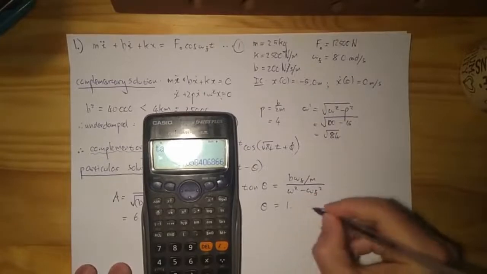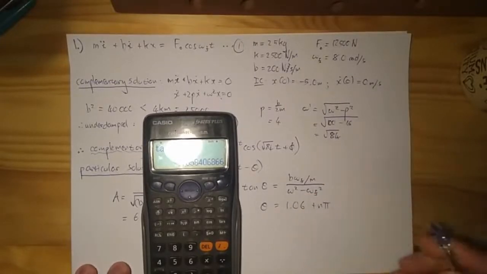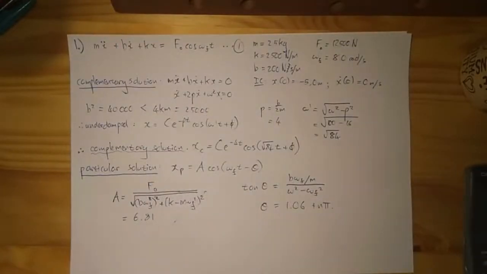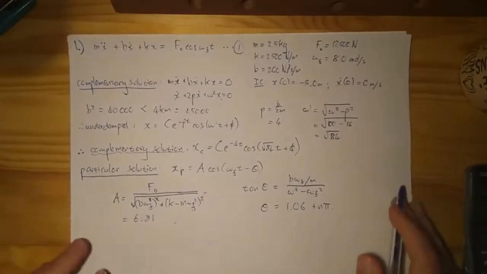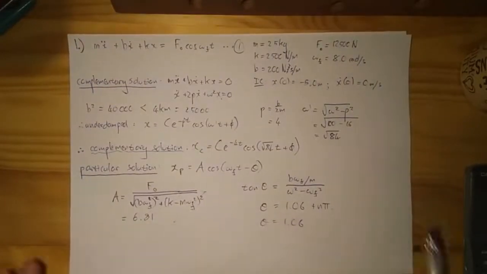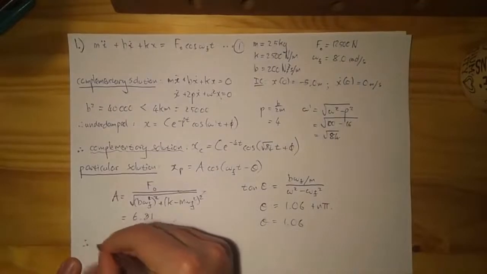So theta is 1.06 plus n times pi. We're going to take theta equal to 1.06, the smallest one that works. If this was minus, then I would have added 1 pi. Okay, so that's the particular solution.